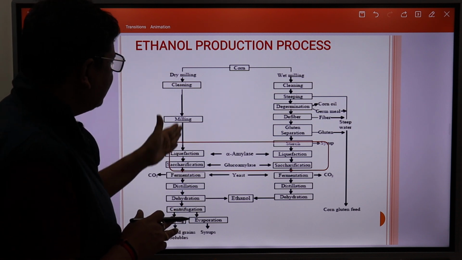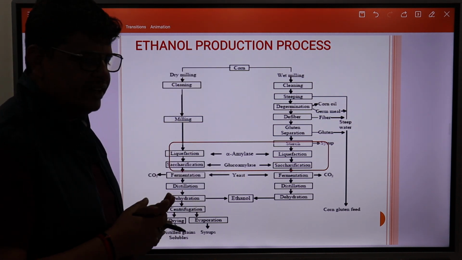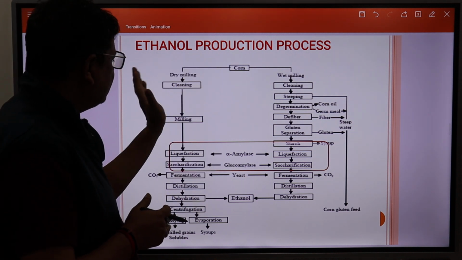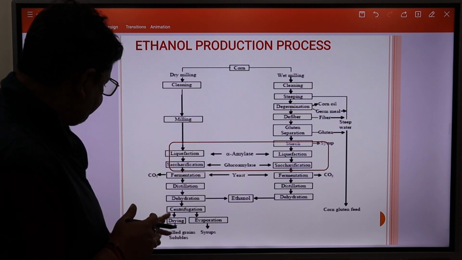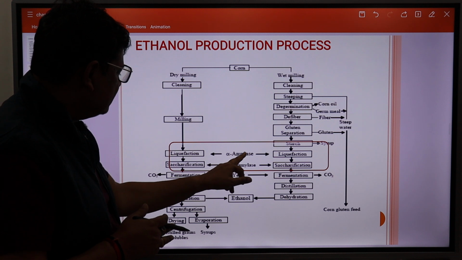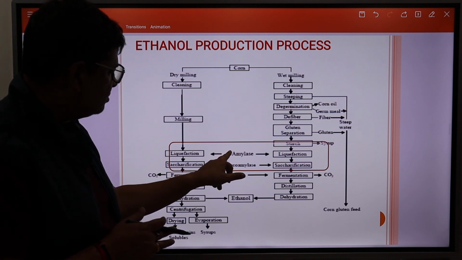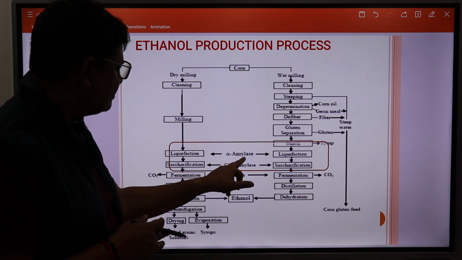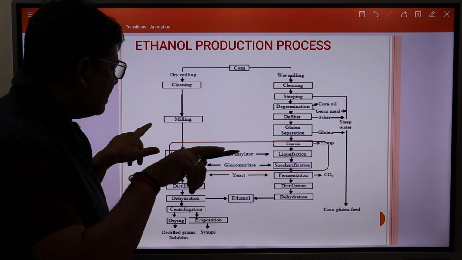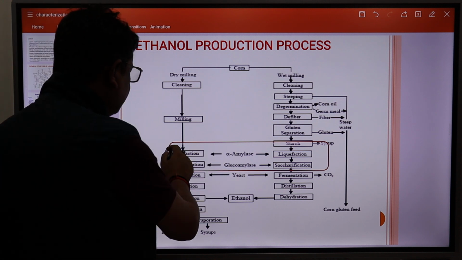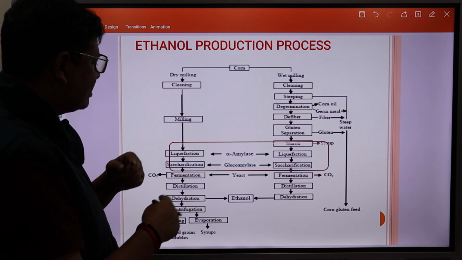People follow pathways based on the kind of feedstock. Here the feedstock is corn, and in both ways this corn feedstock is dealt with. Ultimately, the intermediary enzymes, alpha amylase and glucoamylase, are involved in liquefaction. Now it is digesting, so starch is being digested, right?